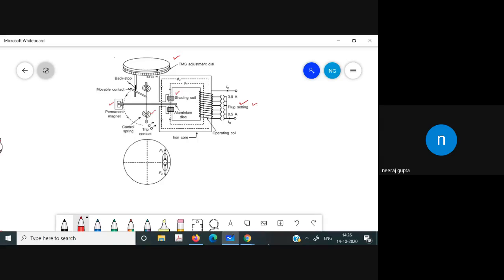The flux in the shading coil lags the main flux. Since the force is proportional to phi m1 and phi m2, and phi m1 and phi m2 are due to the current only, the torque produced in this case we can call a deflecting torque.